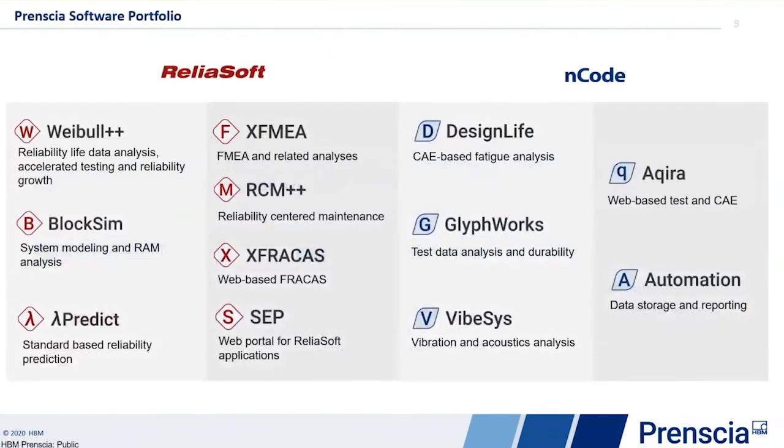In reliability, the ReliaSoft tools include Weibull, which deals with life data as well as accelerated testing and reliability. Life data and accelerated testing are mostly for non-repairable components, and reliability growth is for repairable systems, like the entire vehicle level.